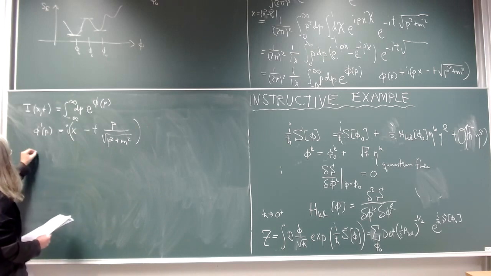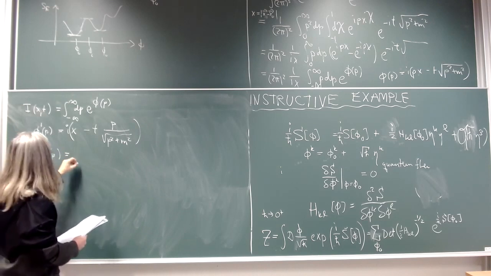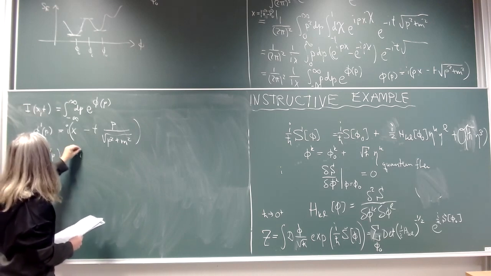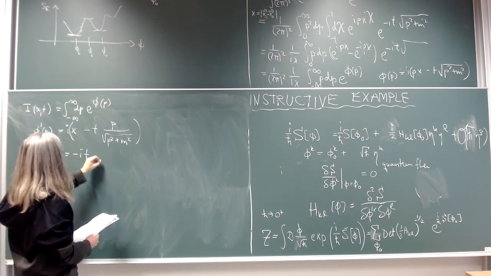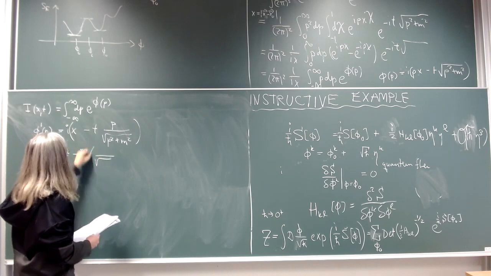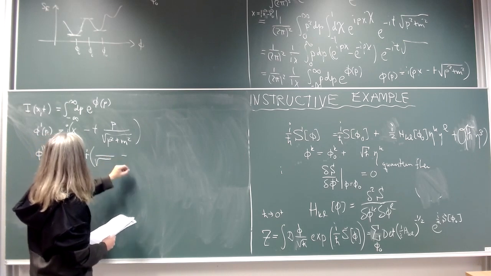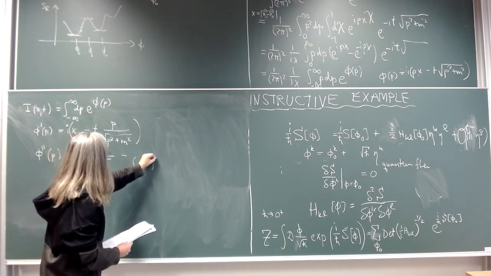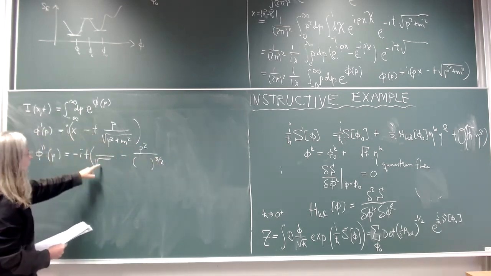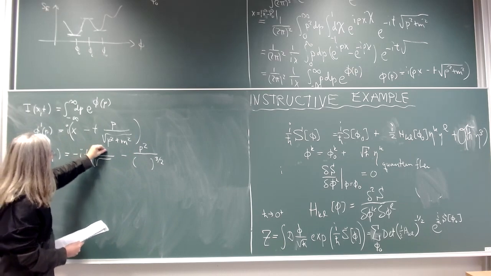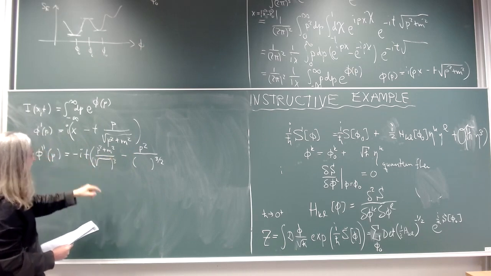And we need later also the Hessian. Let's calculate that. So it's minus i t, and then I guess there will be two contributions. There will be one that will be square root, and then there will be p squared plus m squared to the 3/2, and then we can subtract.